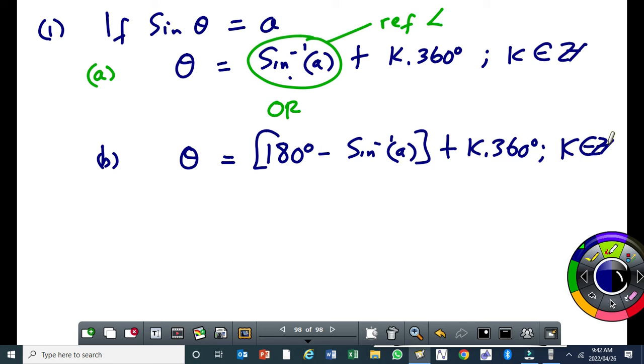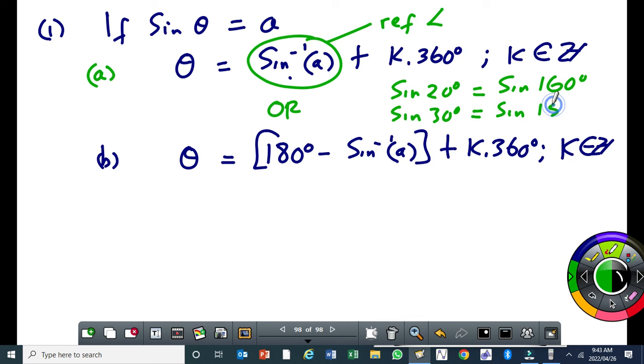By now, you should know that if I give you sine 20 degrees, this is equivalent to sine 160. If I give you sine 30 degrees, this is equivalent to sine 150. You should know that by now.